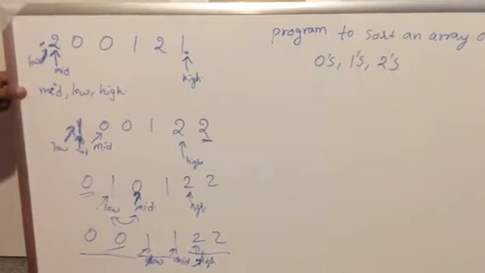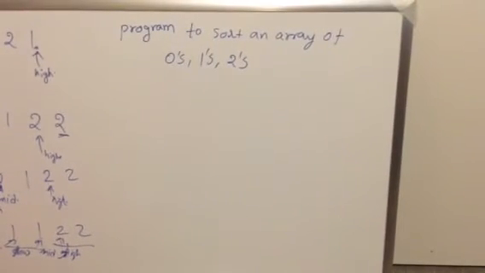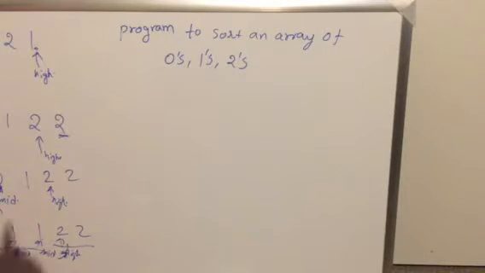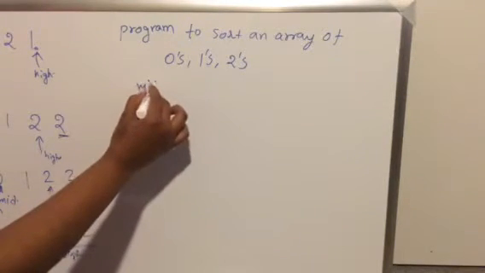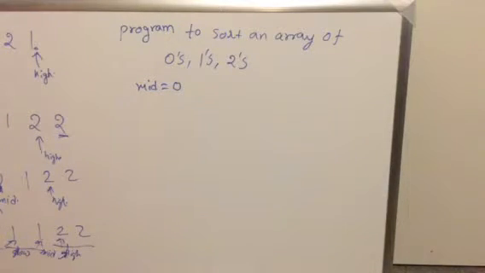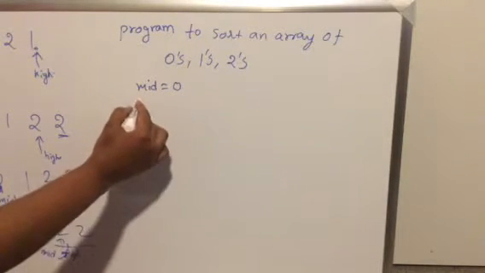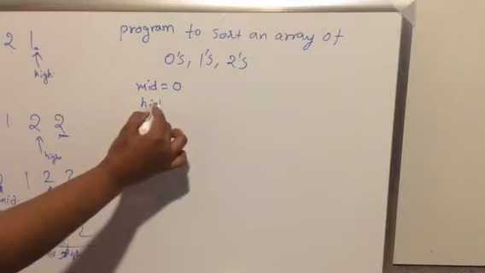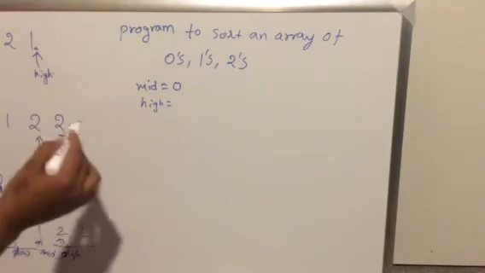Now, how we can write the program for this: first we take low and mid as 0, because it starts at index 0, and the high pointer is the array length minus 1.